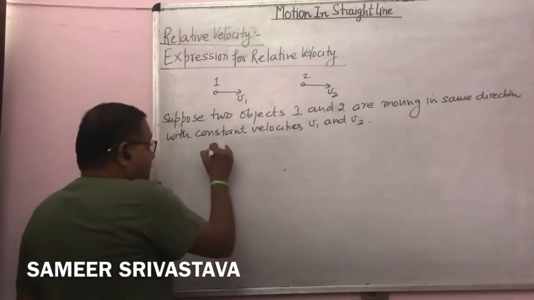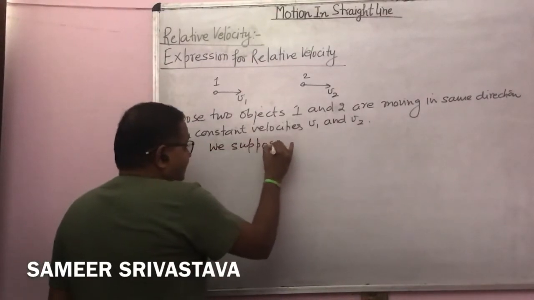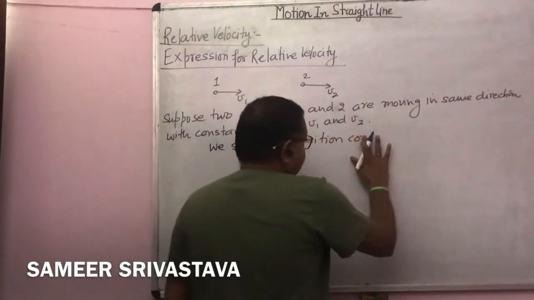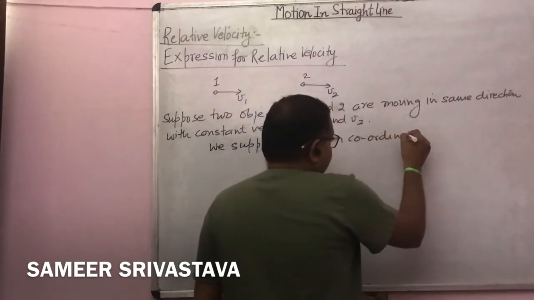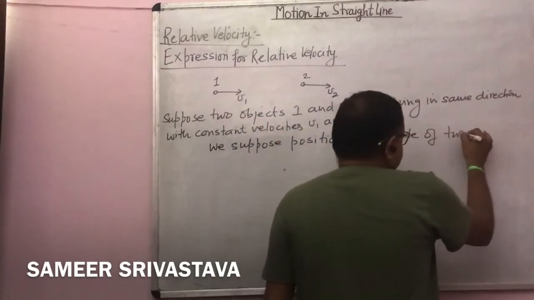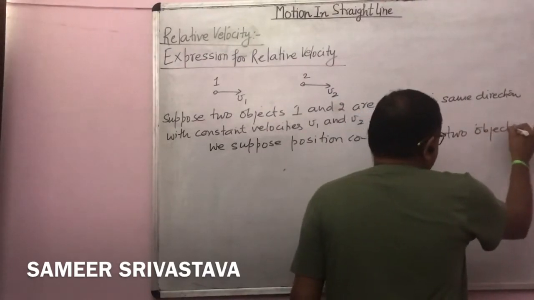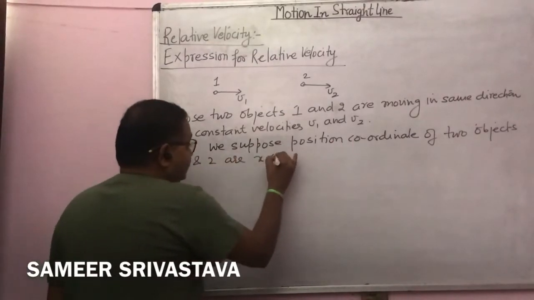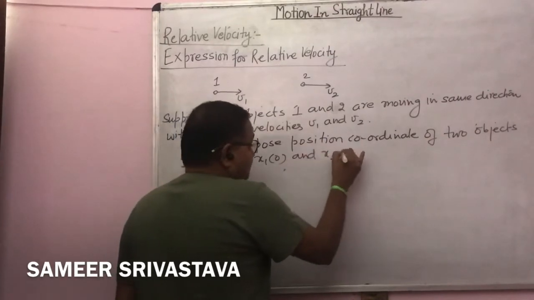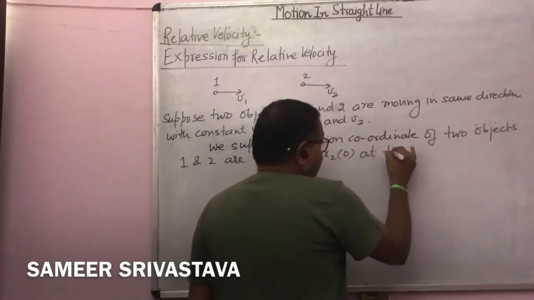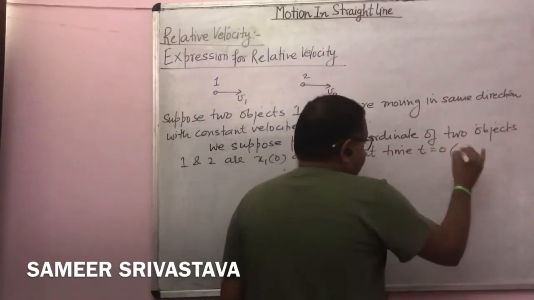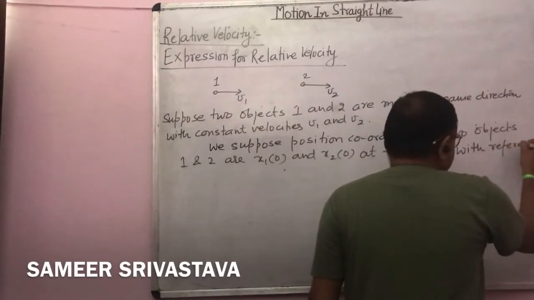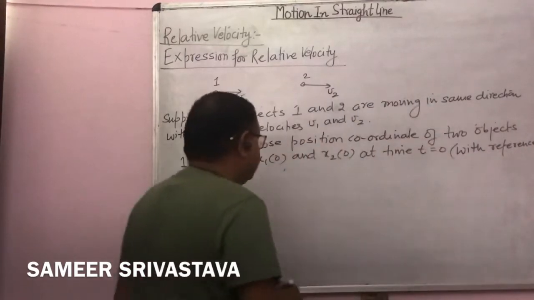Now consider the position coordinates of the two objects 1 and 2 as x10 and x20 at time t equal to 0, with reference to earth.